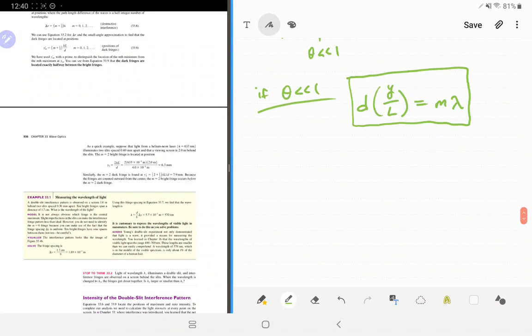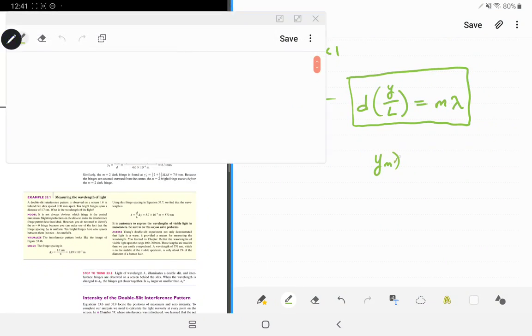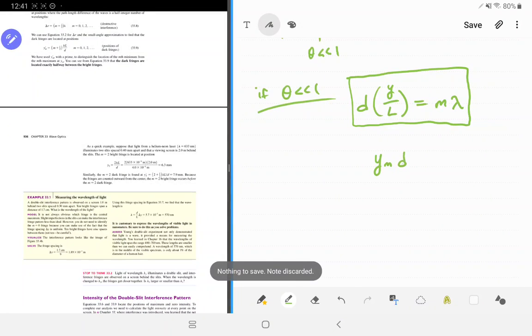Let's say I'm looking at the mth bright spot: d times y_m. I don't want this to look like a differential, so I'm going to put the d on this side. So just the slit separation d times a position on the screen corresponding to the mth maximum. I'm going to assume m is an integer right here.